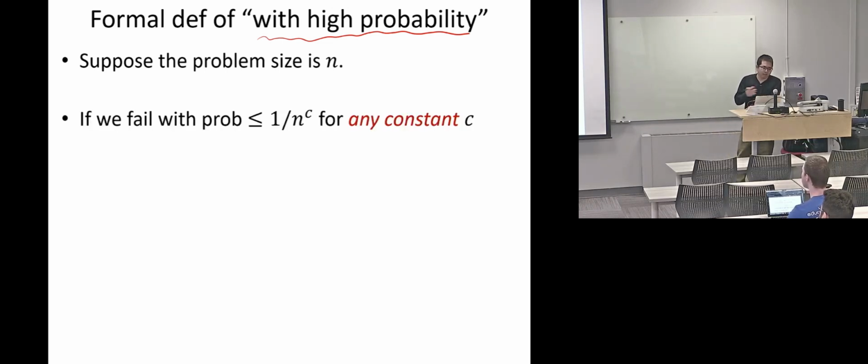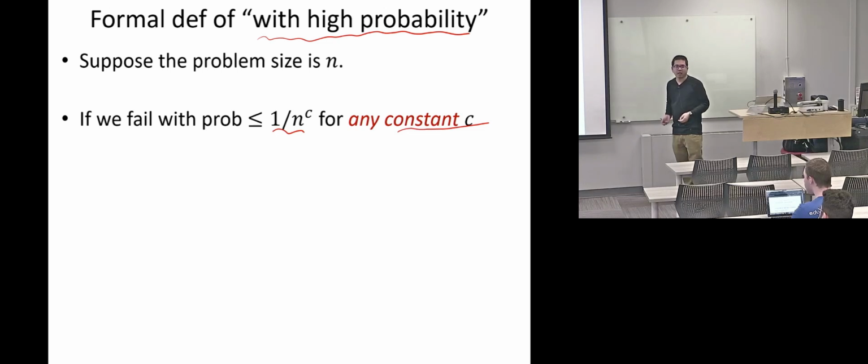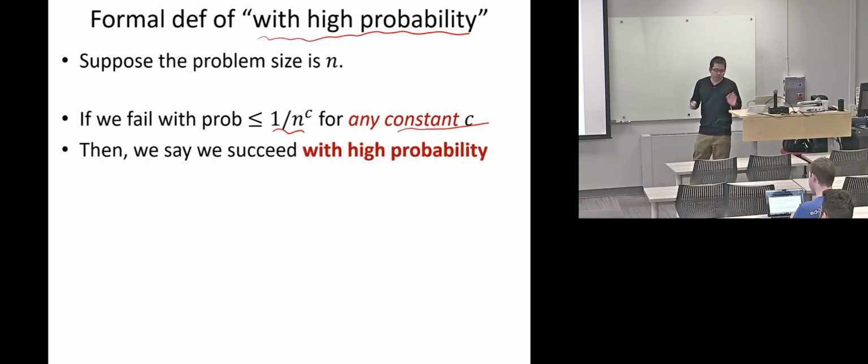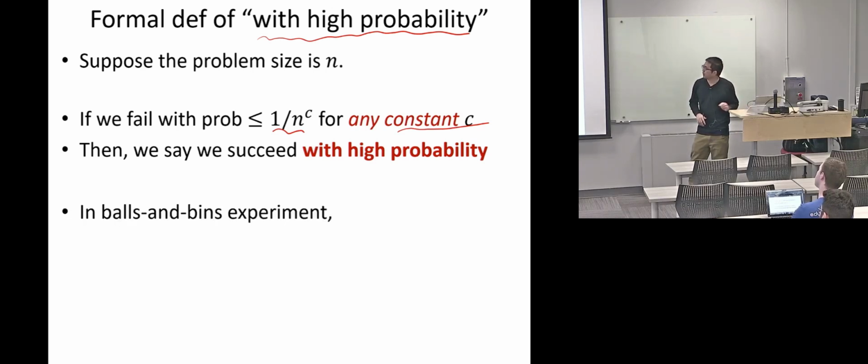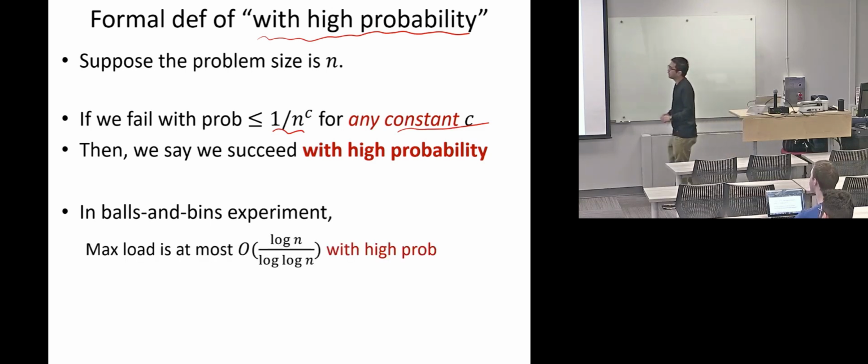If some event fails with probability 1 over n to the c for any c, for any 1 over polynomial of n, then we say that we succeed with high probability. That's what I mean in this course. Okay? And from the balls and bins experiment, you can say that the max load is at most this, not just with 90%, but with high probability.